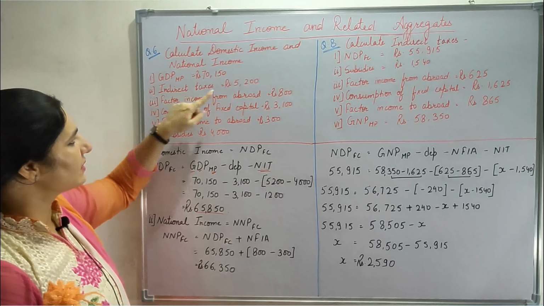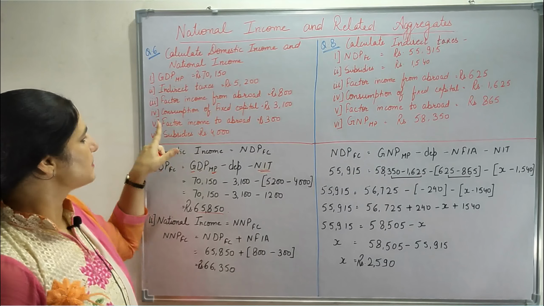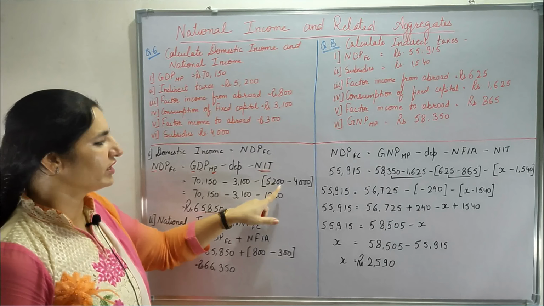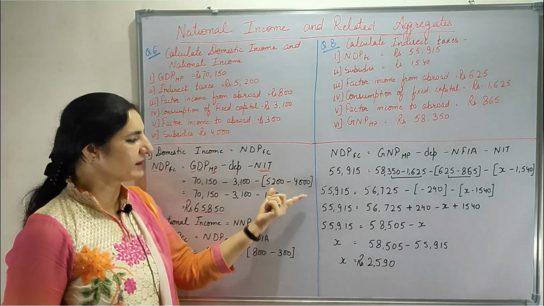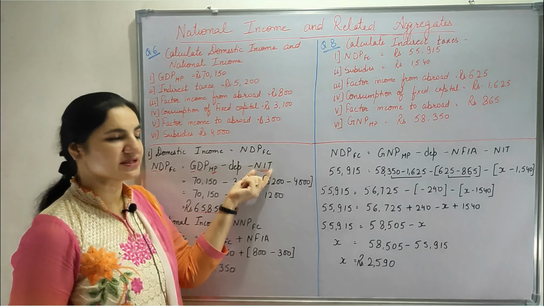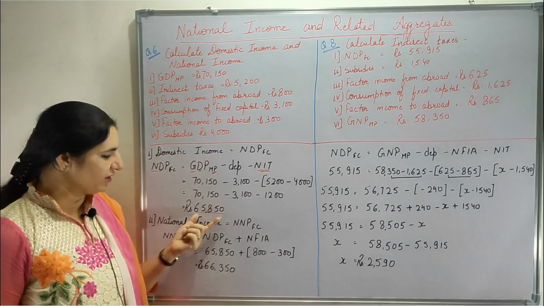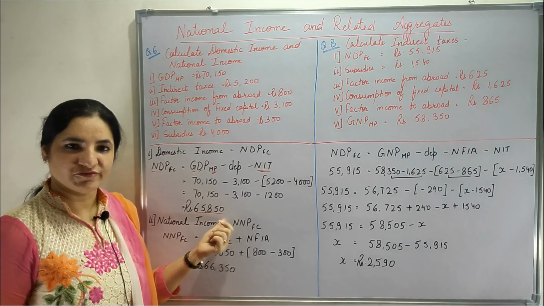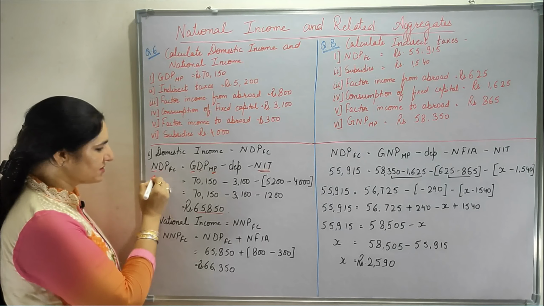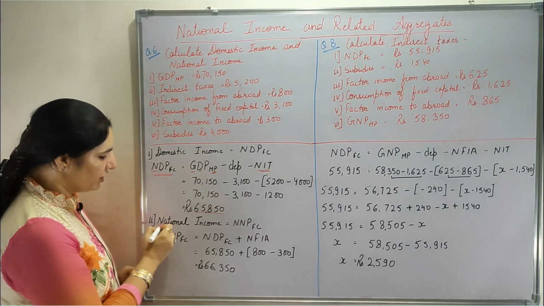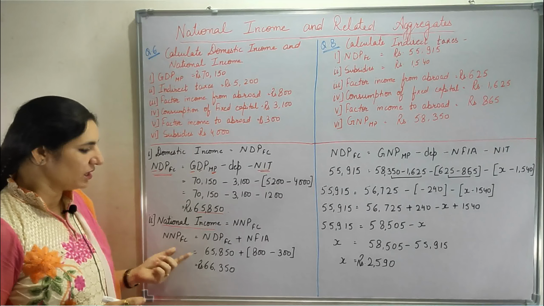So indirect taxes are separately given, 5200, and subsidies are separately given. So we have deducted that, taking it in brackets, so that it can be considered as one head. So we arrive at 65,850, that is domestic income. Now we know what the domestic income is, NDP at FC. We need to arrive at national income, that is NNP at FC.